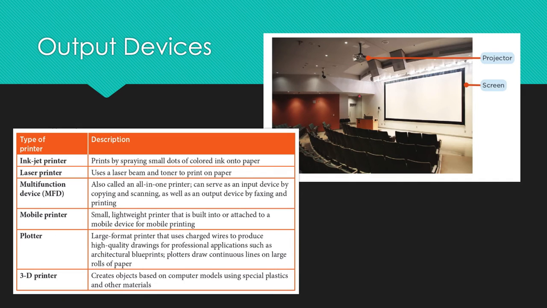And output devices: we have inkjet printer, laser printer. Over here we see projector and screen. Mobile printer, plotter, and not forgetting lastly a 3D printer.